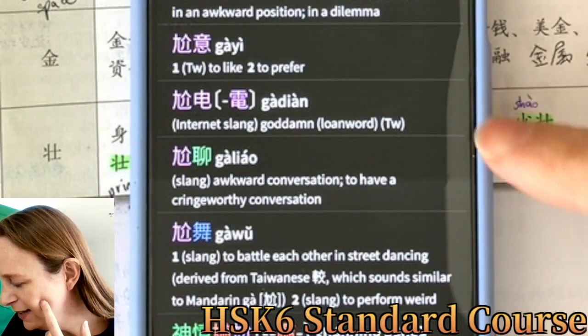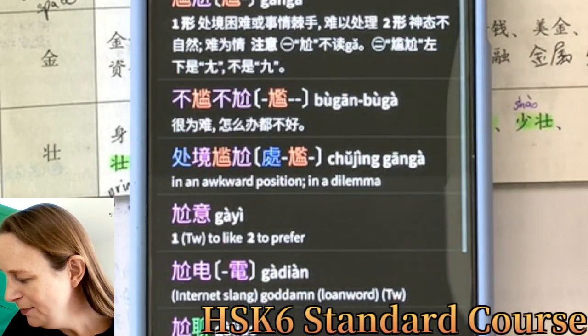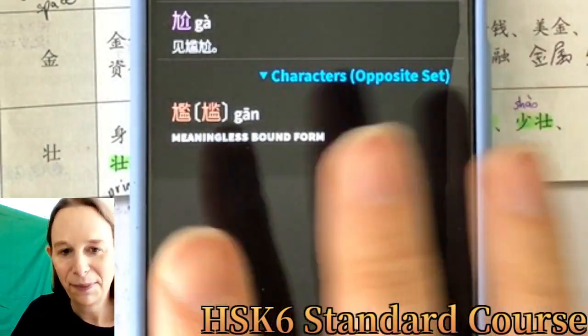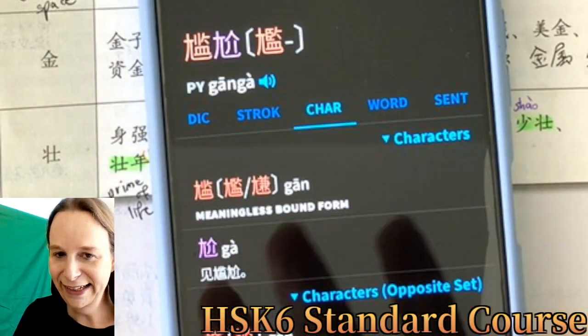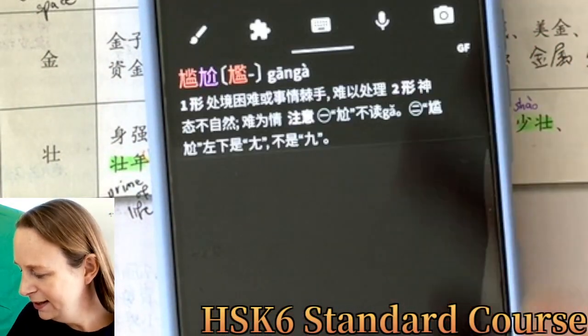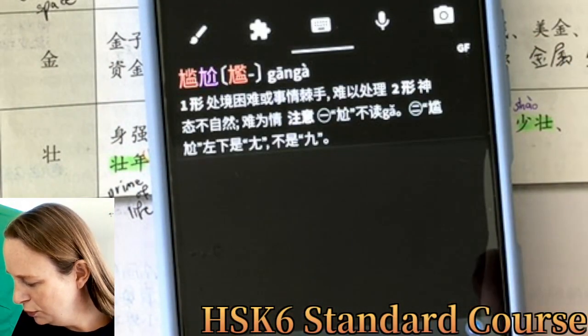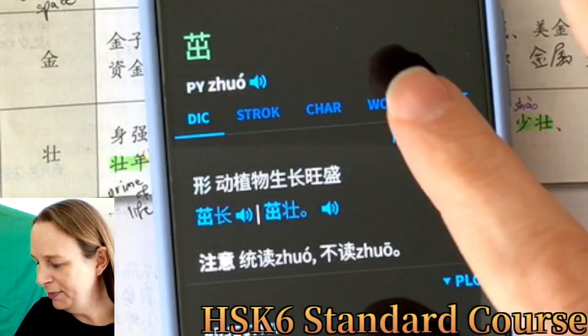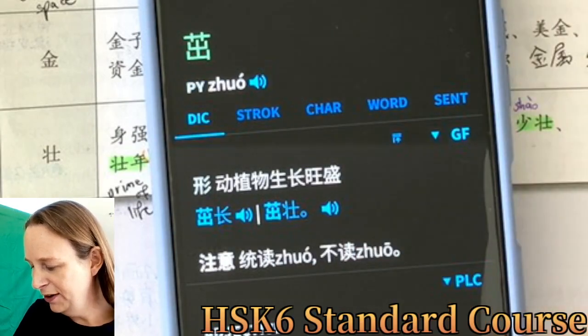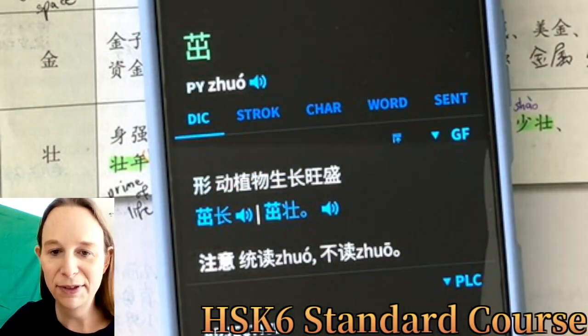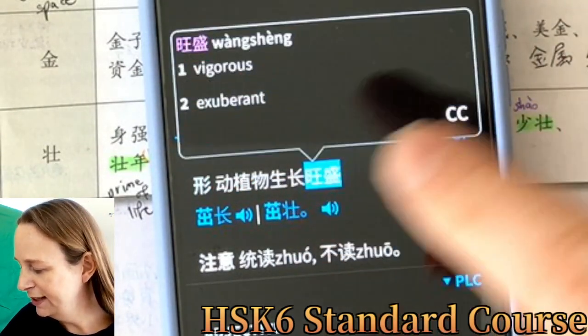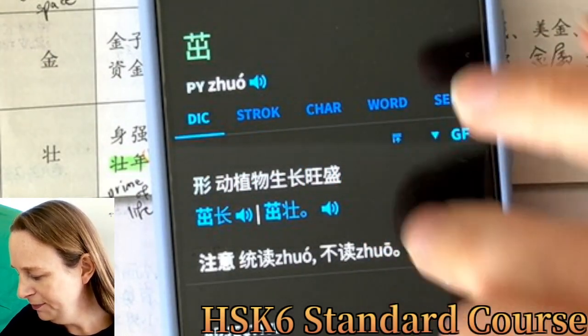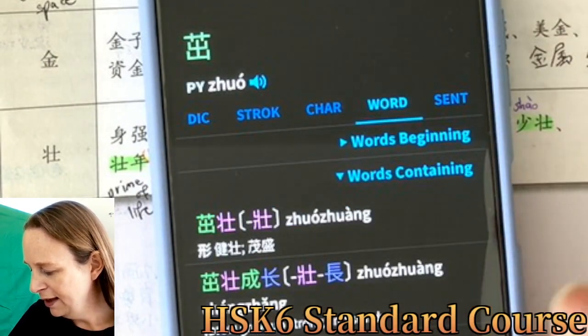Oh, this is like Taiwanese slang. Yeah, so some characters in Chinese have very minimal usages. 茁壮. It looks like 拙 is one example of this. So the vigorous growth of plants and animals, adjective.